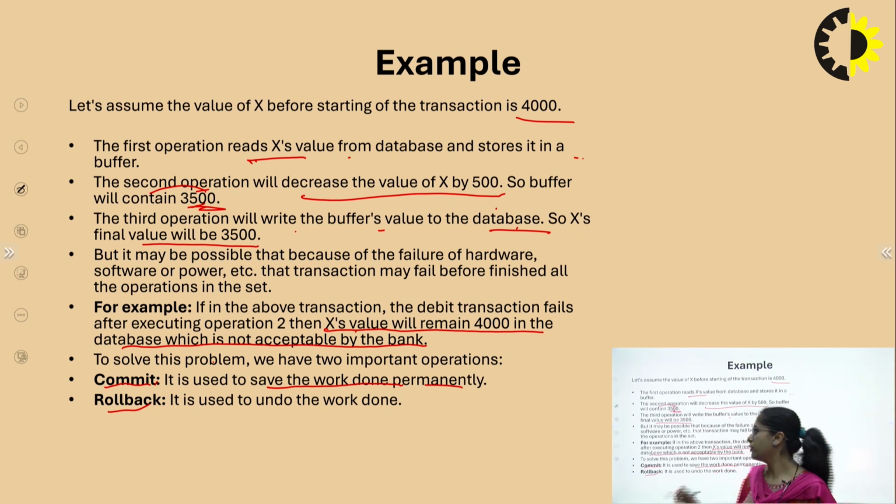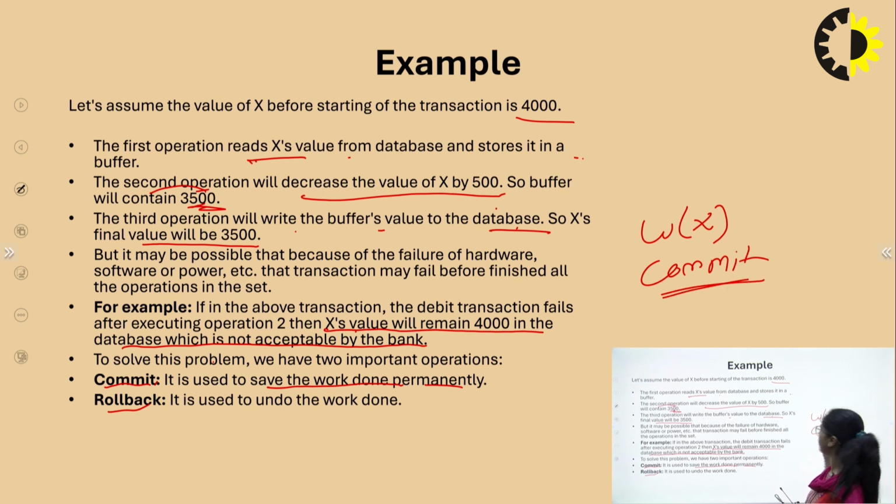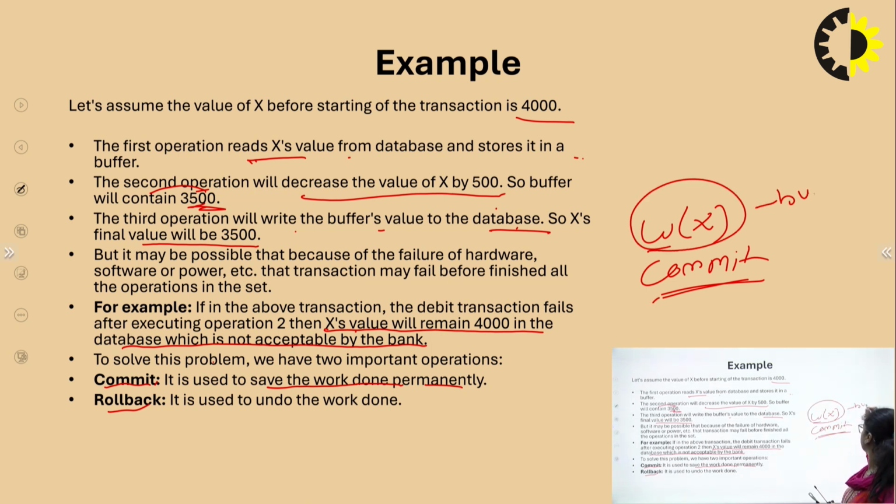If we write W of X but do not write commit, then that value will be stored in the buffer only. But after writing the commit command, the value will be saved in the database.